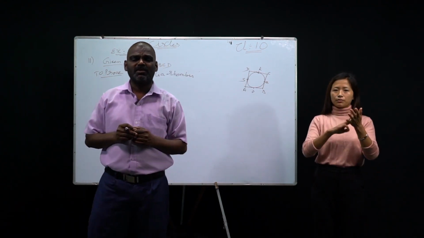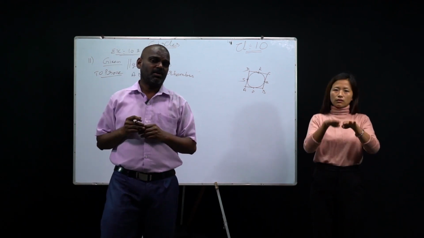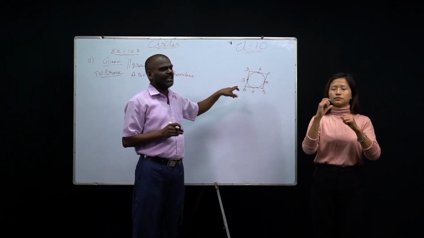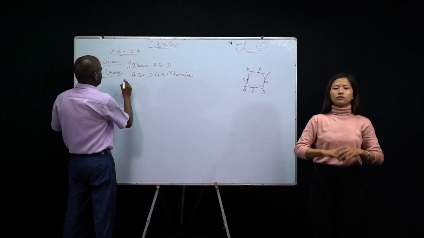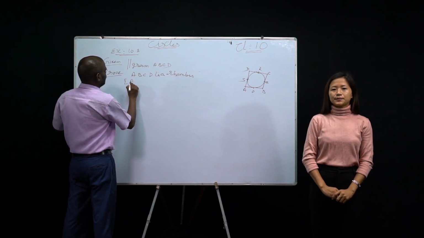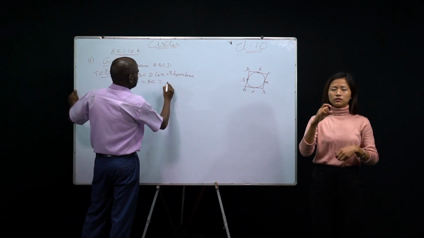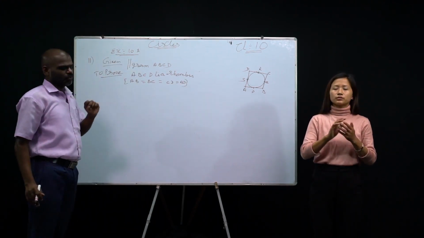Rhombus means all the sides are equal. We have to prove AB, BC, CD and AD are all equal. AB equals BC equals CD equals AD.